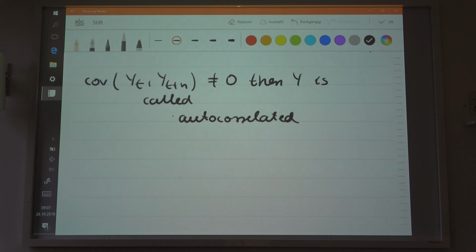Basically the process is autocorrelated, so there is a linear relationship between each random variable of which the process consists. Or you can say it's serially correlated. Both are correct. Serial correlation and autocorrelation are the same thing.